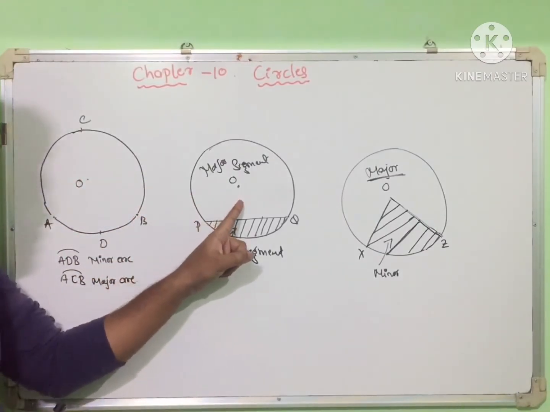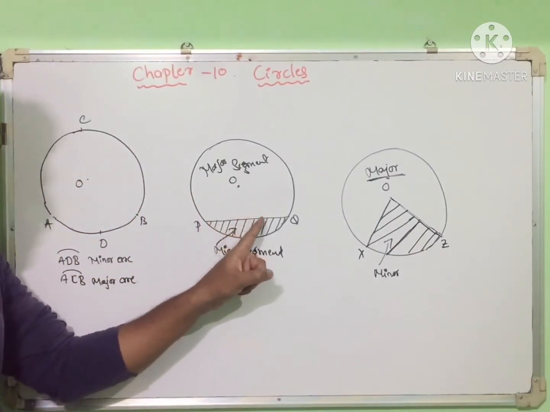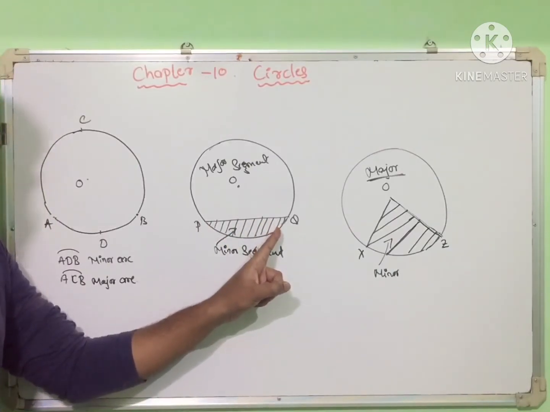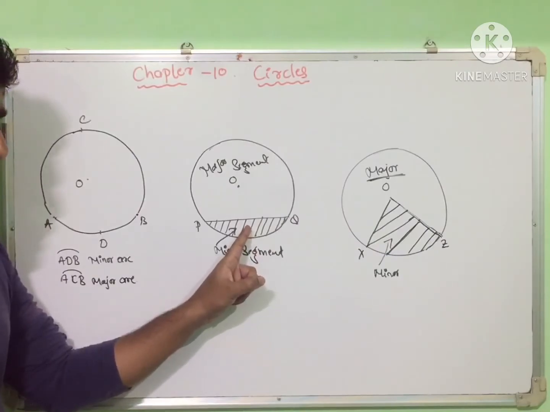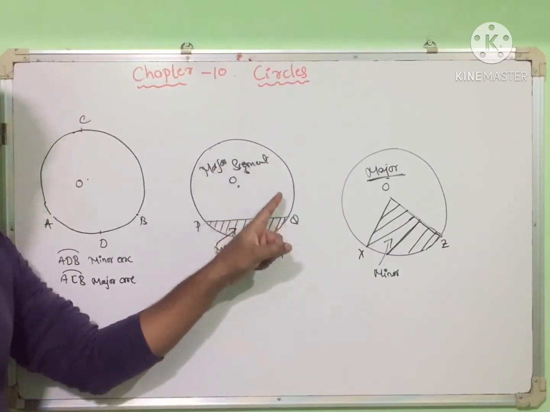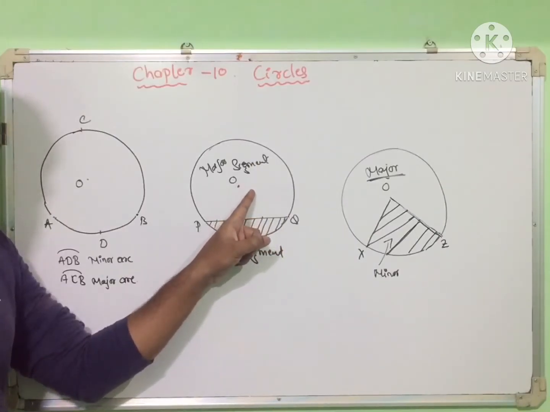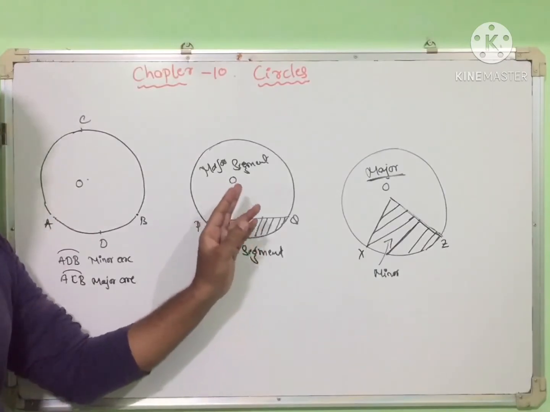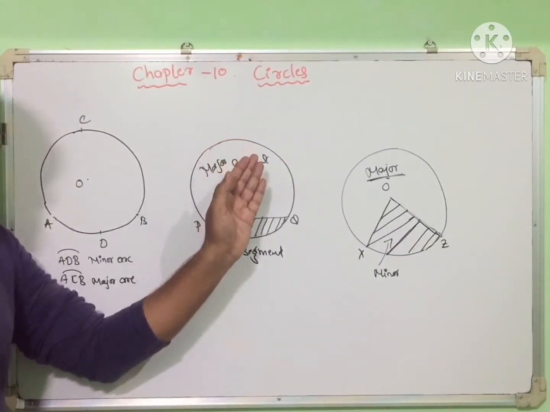And here it is a segment, the region between a chord and the corresponding arc, right? So if the corresponding arc is minor, it means it is a minor segment. If the arc is major, it means a major segment, right?